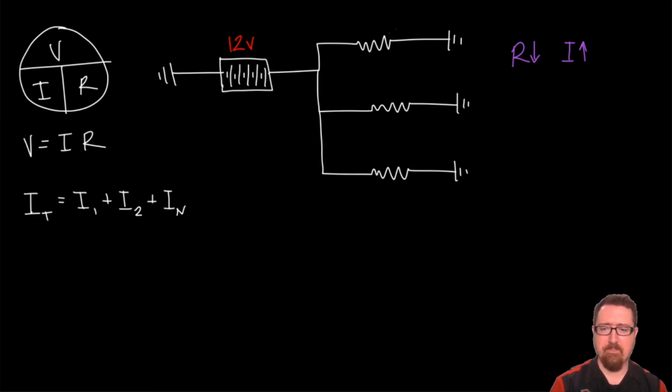So in this case, let's say we have a total current of 30 amps. Up here we have a 3 ohm, here we have 6 ohm, and down here we don't know exactly what the resistance is. We have to figure that one out.